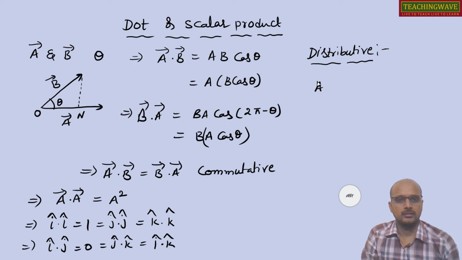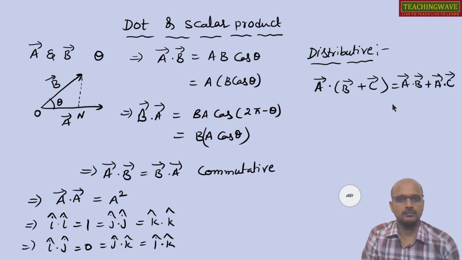For any three vectors, we can write the distributive property as a bar dot b bar plus c bar is equivalent to a bar dot b bar plus a bar dot c bar.